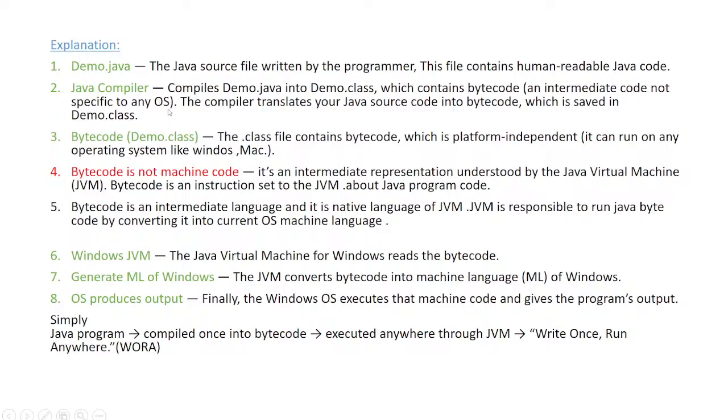Any OS means our operating system: Windows, Mac OS, Linux, Solaris. So this compiler translates your Java source code into bytecode, which is saved in the demo.class. What is meant by bytecode? The .class file contains bytecode, which is platform independent. This is the main point.